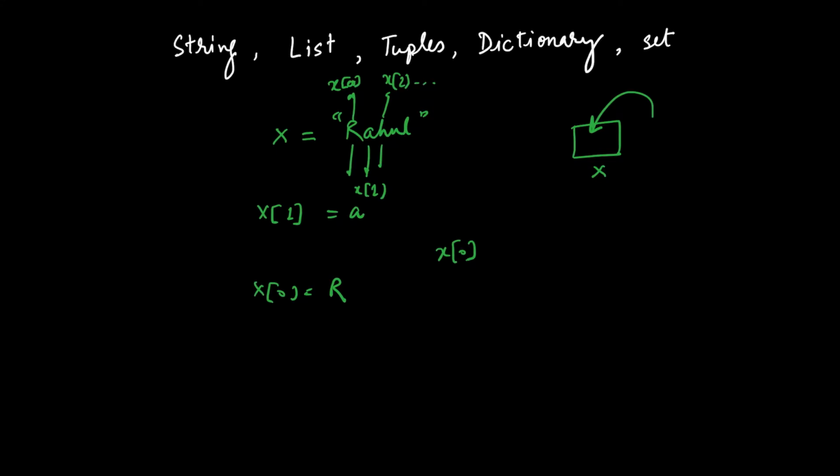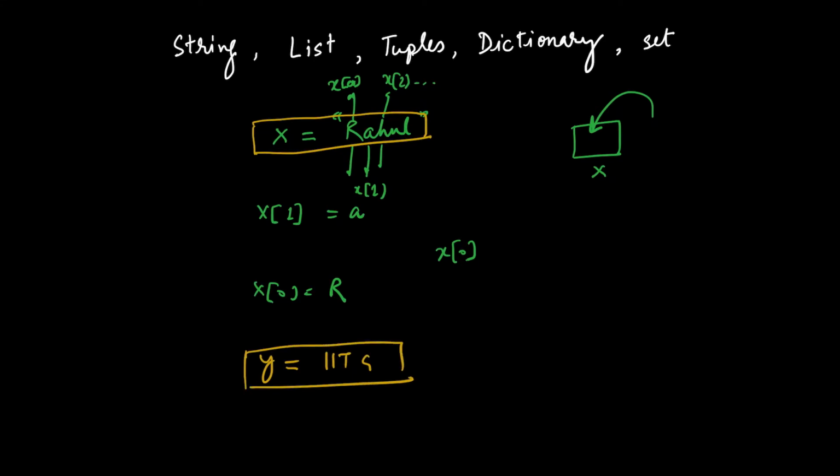Similarly, using these we can print it out also. These strings have various properties. Suppose I have assigned Rahul to the variable x, and I have assigned IITG to the variable y. If I want to concatenate both, what will I do? I just simply write x plus y.